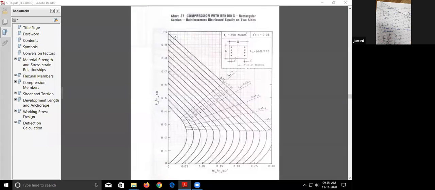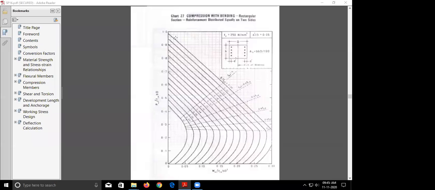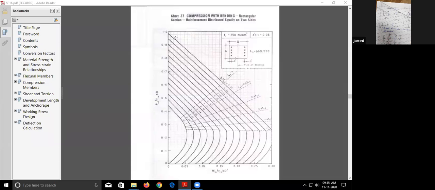So these are the only steps in this. The steps are clear to everyone. Everyone has noted down. So now let us take down the first question. Sir, are these steps for biaxial or uniaxial? Uniaxial. Okay.